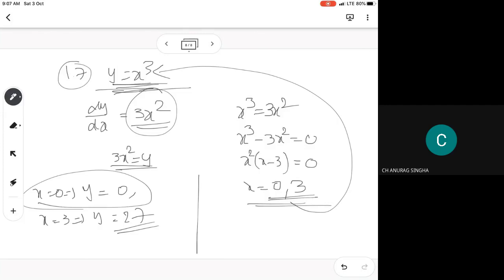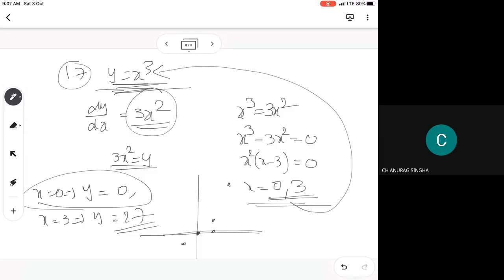Do you know how the y equal to x cube curve looks? Try to draw the graph of y equal to x cube. 0 gives 0, 1 gives 1, because 1 comma 1, 2 comma 8, isn't it? And if you take -1, it is -1, and -2 whole cube is -8. So I'm going to draw.